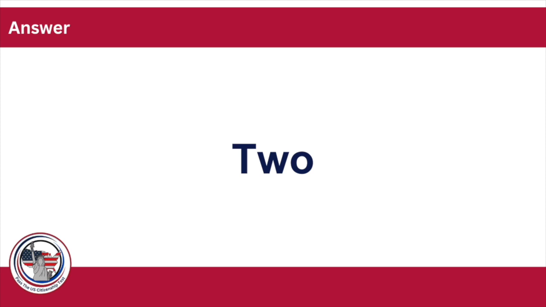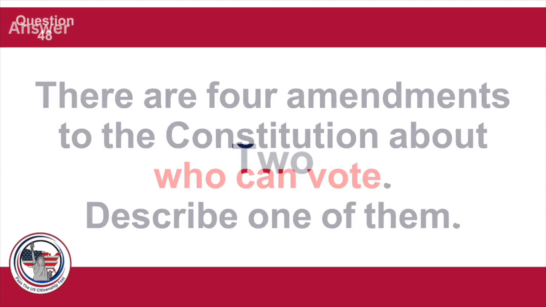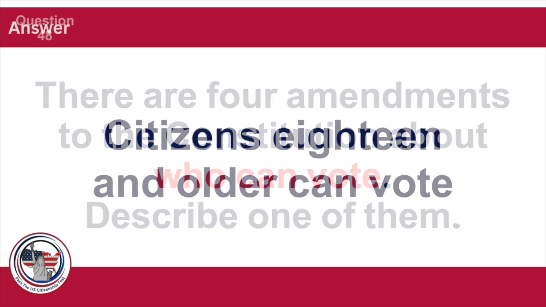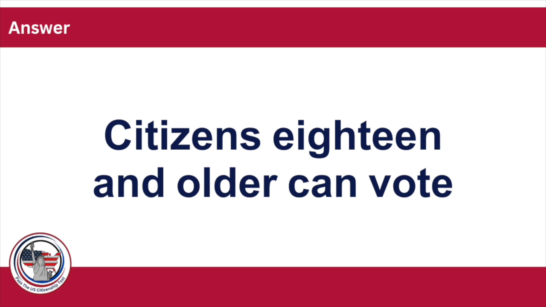Two. There are 4 amendments to the Constitution about who can vote. Describe one of them. Citizens 18 and older can vote.